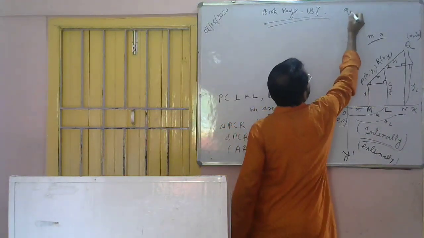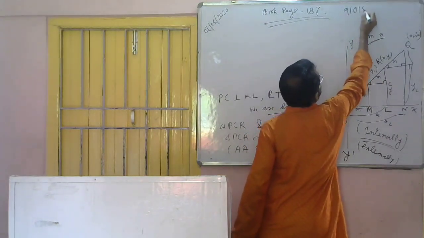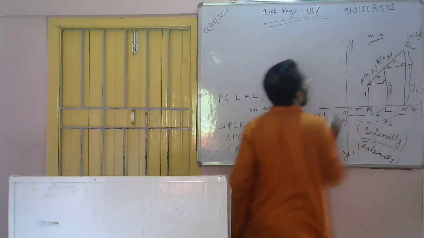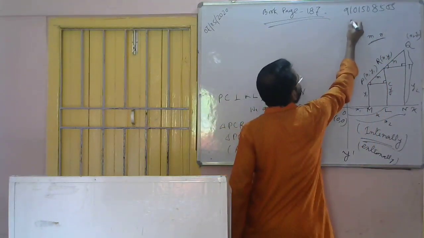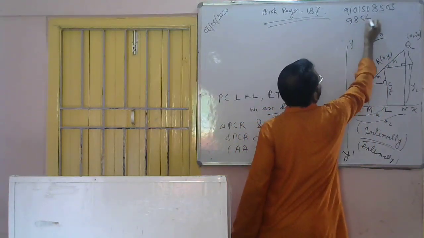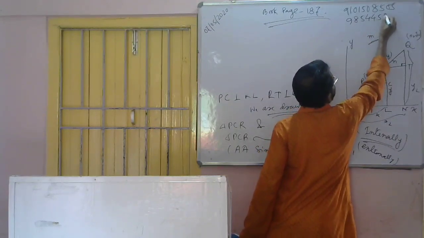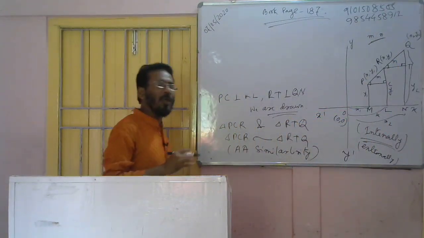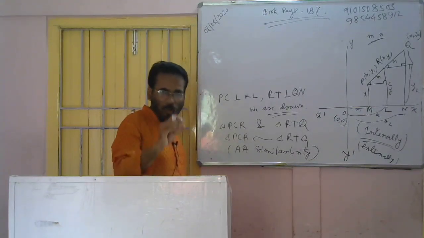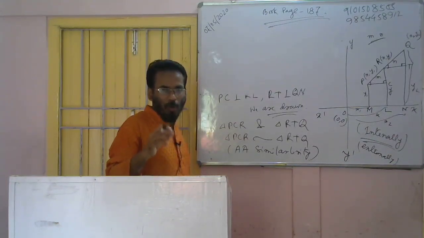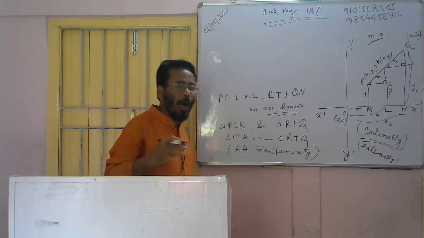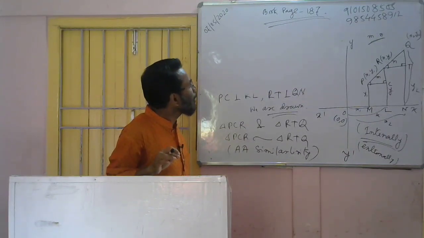My WhatsApp number is 910-150-8505, and another number is 98-544-58-912. By these two numbers you can contact me. If you have any doubt, take a screenshot and send it to my WhatsApp number. I will always be with you.